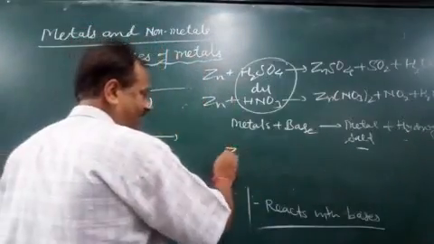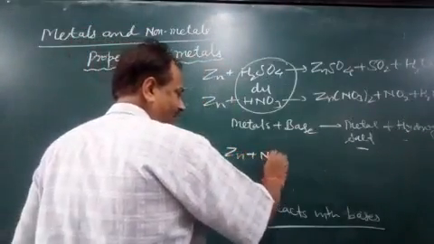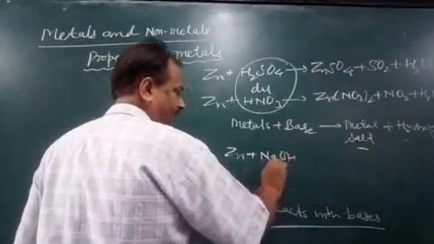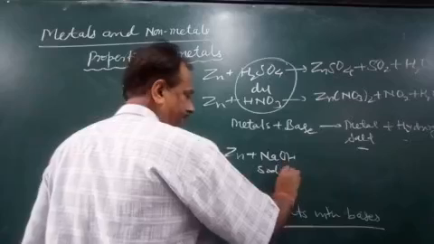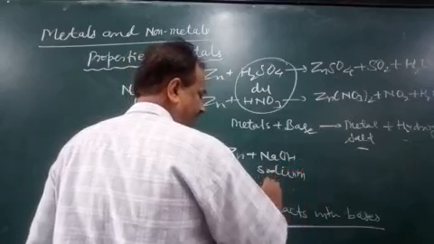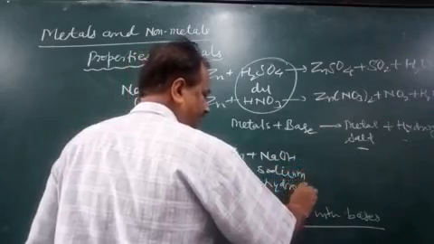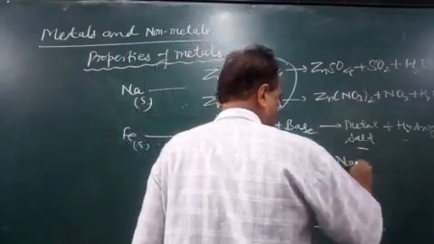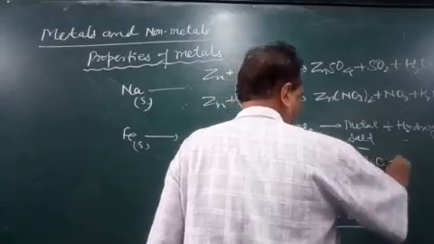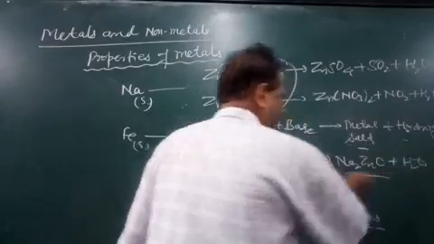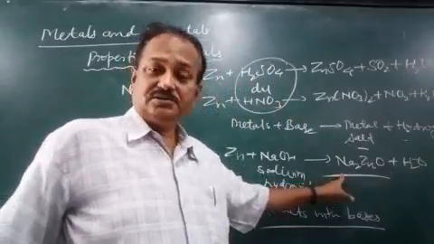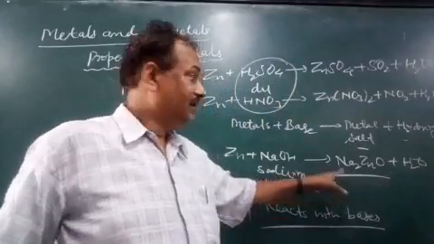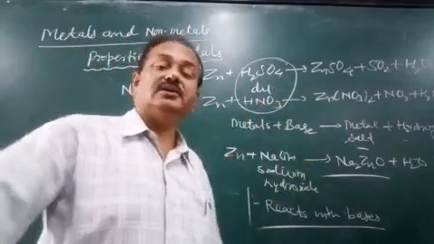Suppose I write zinc plus NaOH, so this is sodium hydroxide, it is a base, and this is the salt, sodium zincate. So these are some of the points of metals.